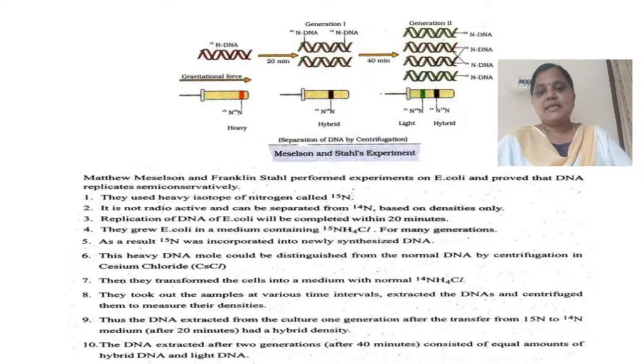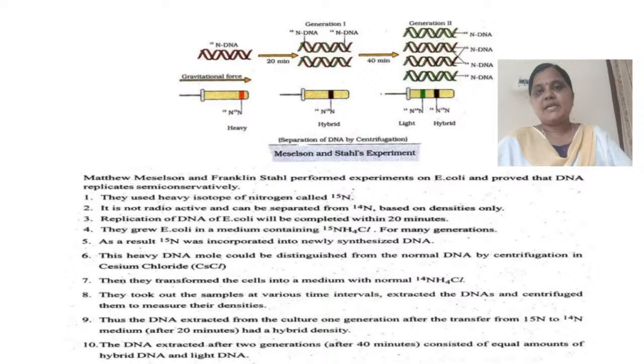The DNA extracted from the culture for the first generation, after transfer of 15N to 14N, after 20 minutes, the result is the hybrid density. See in the first diagram, generation 1.